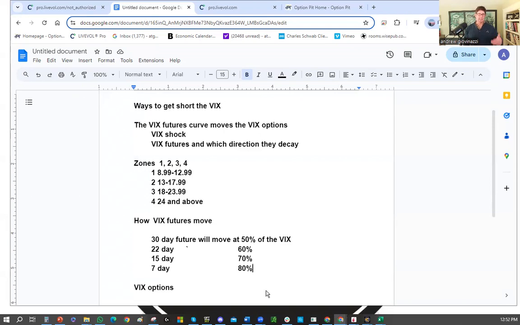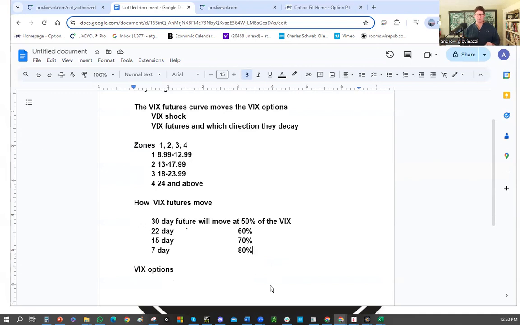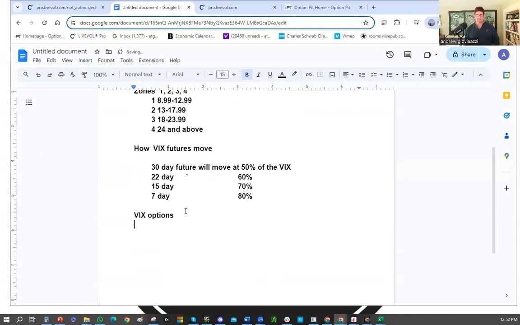So it's giving you an idea, roughly, of if the cash moves, how much your future is going to move, which means how much you can expect any option that you have to move. Again, these are rough guidelines because of forward vol, backwardation, all the stuff that's moving the future around. Last, here are your VIX options. The easiest thing to remember is VIX options trade off of the future, or the term.